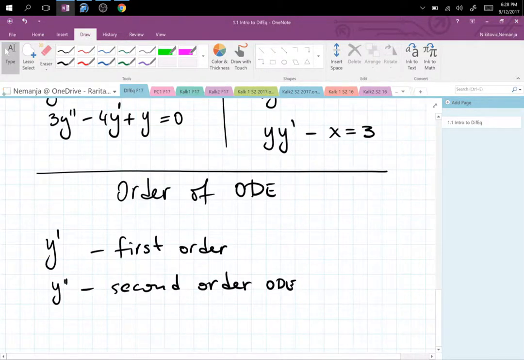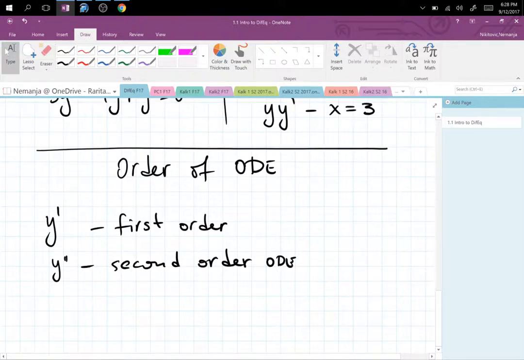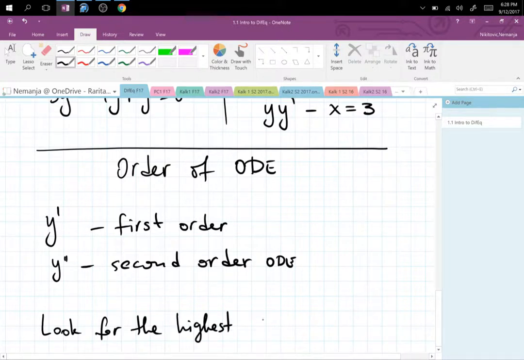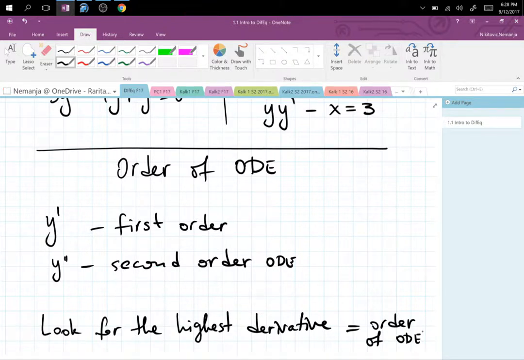So look for the highest derivative and that's equal to the order of the ODE. Those of you still wondering, the function is the zeroth derivative. So that's the base state. And then you have the first derivative, second derivative, third derivative, and so on.